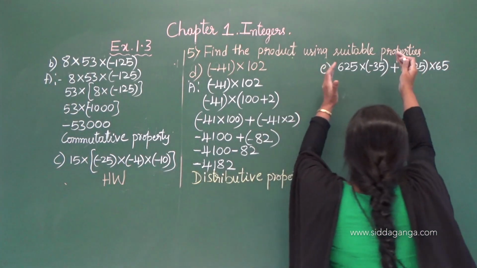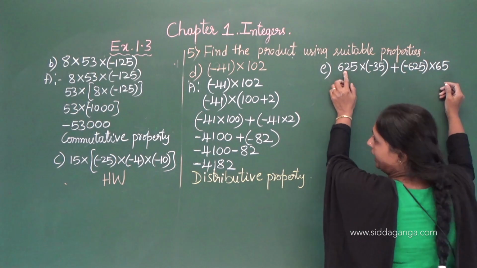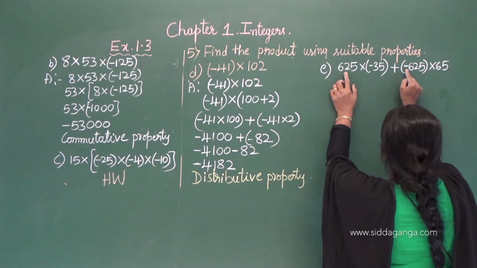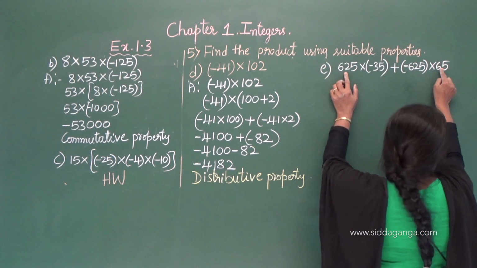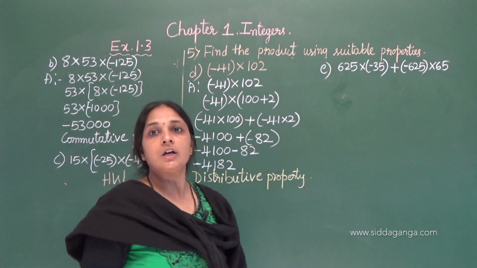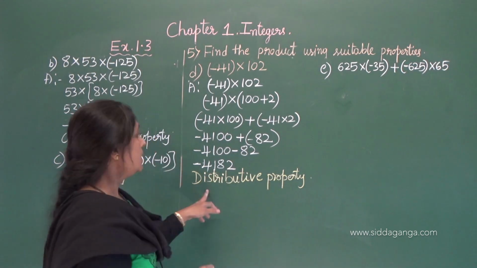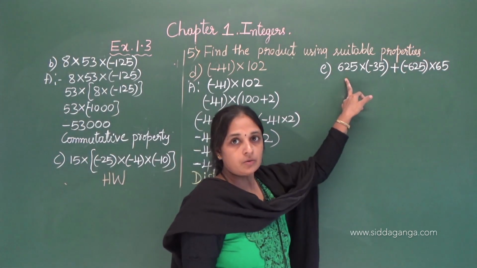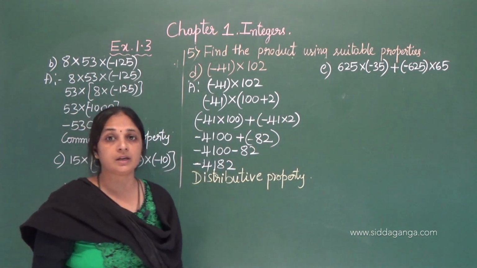You make this one group and this the second group. Here this is not a negative integer, but here we have minus. Then you shift minus to 65, then it will be minus 65. Then you can take out 625 from the group, then it will be distributive property. So I have given a hint for you, and already we did this in our example.